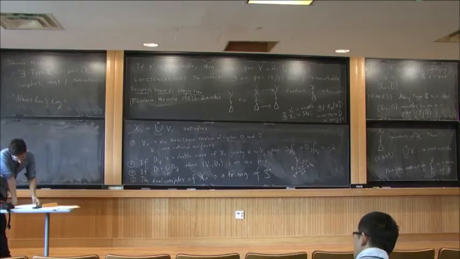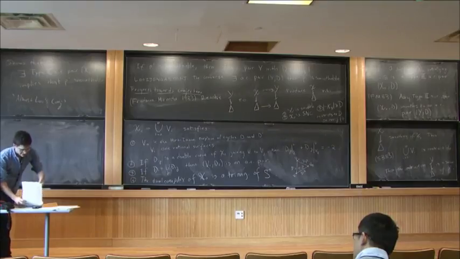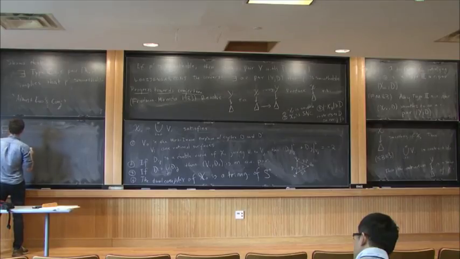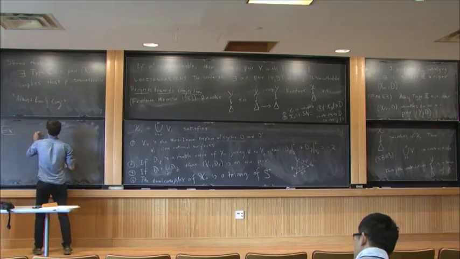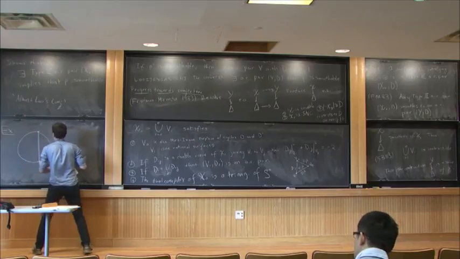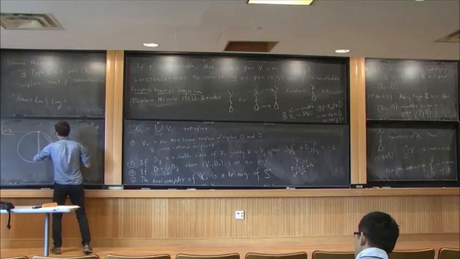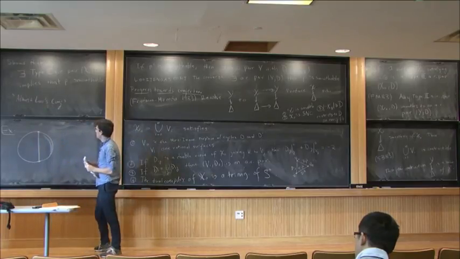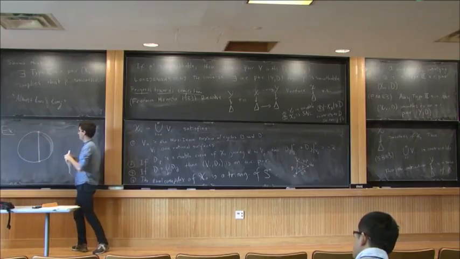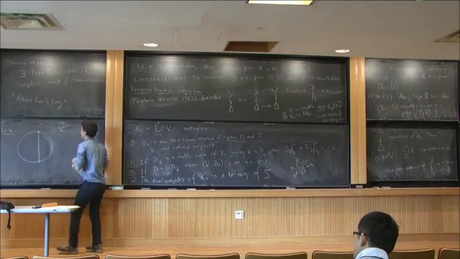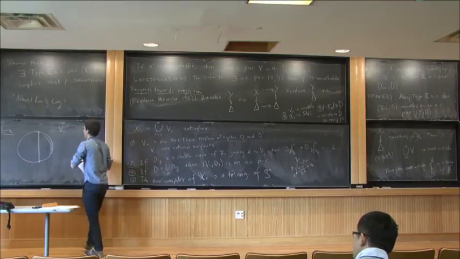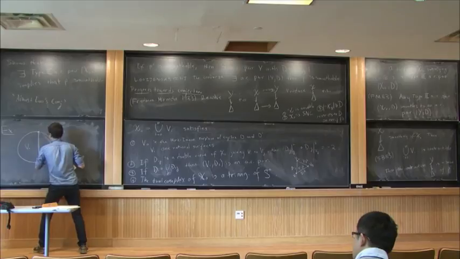So, okay, let's draw a picture. What I'm going to do is draw something whose dual complex is a triangulation of the sphere. It's going to have three faces corresponding to three irreducible components. So we'll have V naught, V1, and V2.